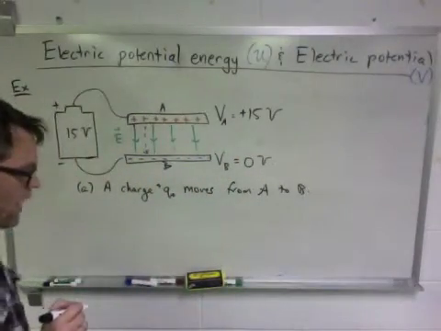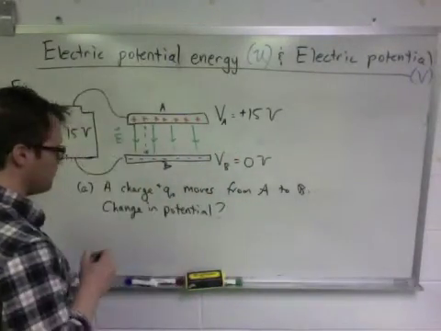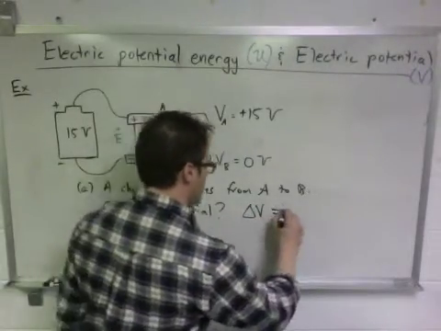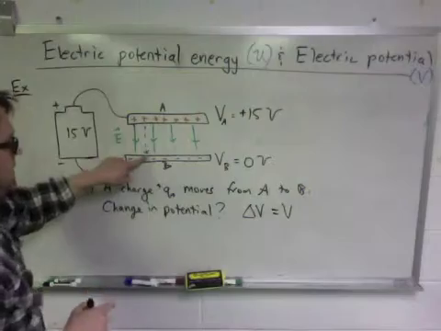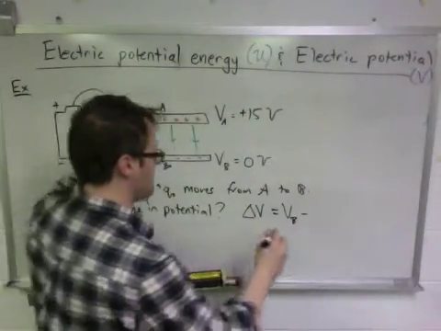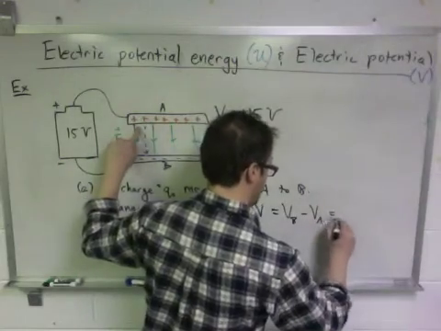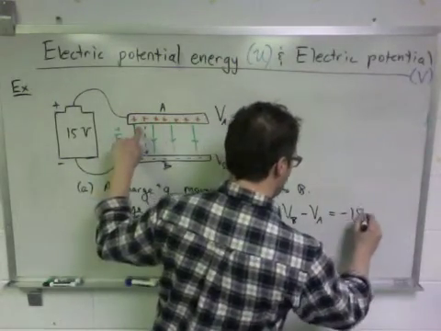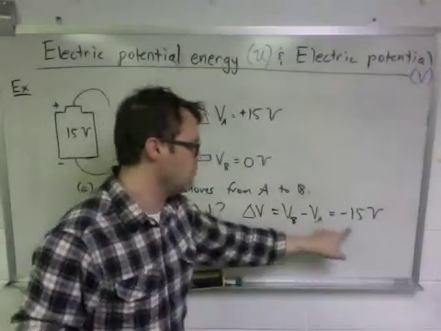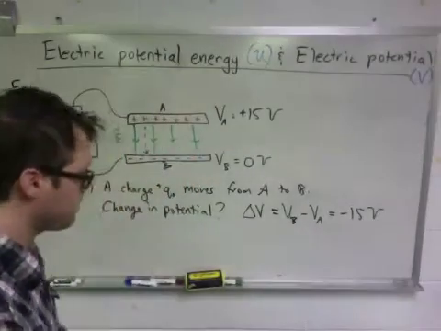What is the change in potential of the charge? Well, delta V for the charge would be V final. Since it ends up here, that would be VB minus V initial, which is VA, right? Which is negative 15 volts. So if a charge goes from A to B, then it experiences a change in potential of negative 15 volts.